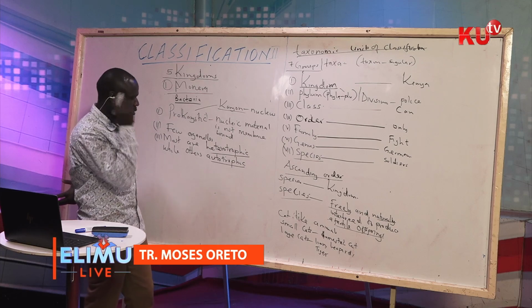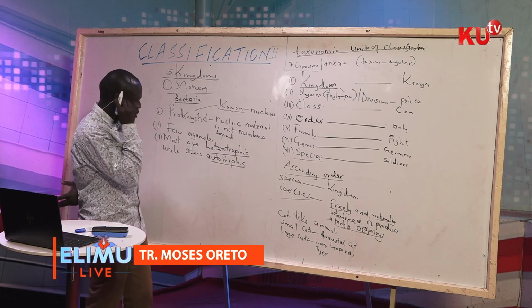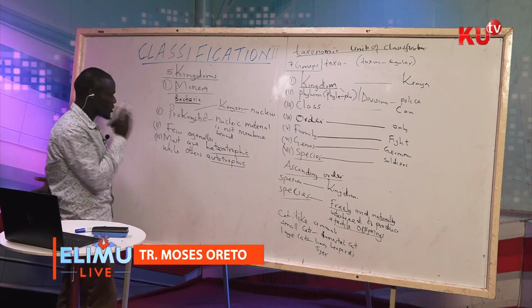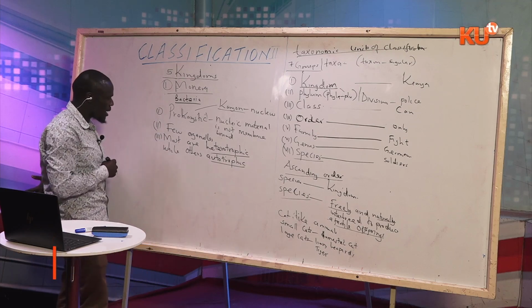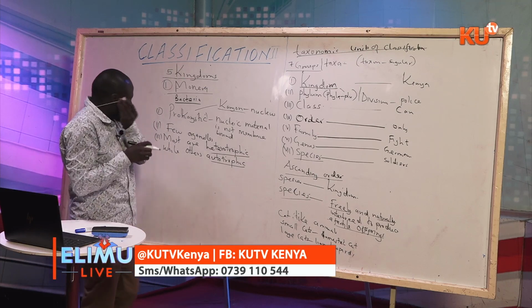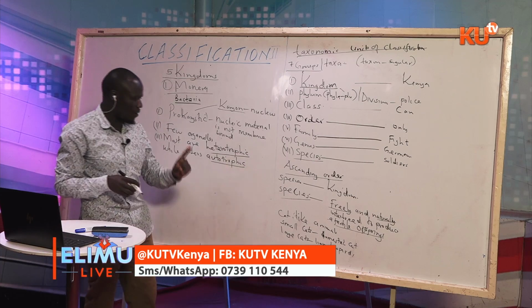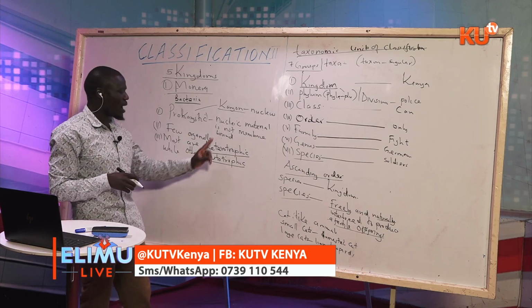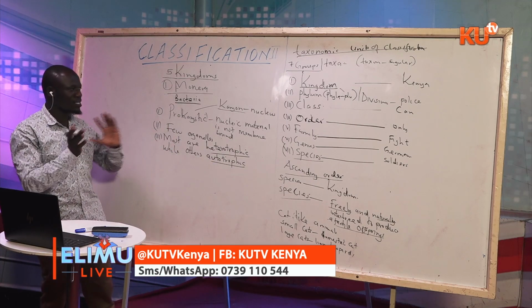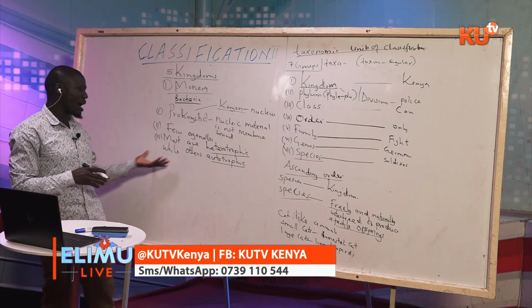Like plants, we always know that plants are able to make their own food, and in that case they are referred to as autotrophic organisms. So those are some of the features that these organisms have. So most of them, the word most, you can't say that all of them are autotrophic. If you say that, you are very wrong, because not all of them are autotrophic. So we are advised to use the word most or some.